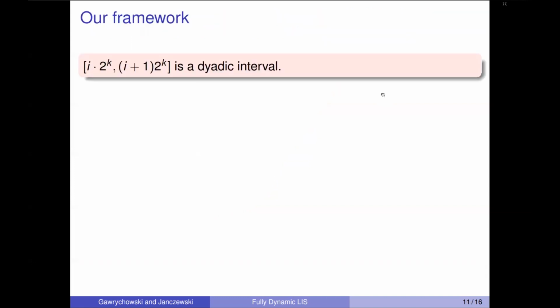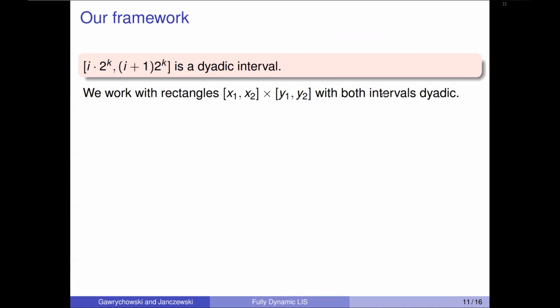And we would like to work on rectangles spanning over those points. And those would be dyadic rectangles. So a dyadic interval is an interval between two consecutive multiples of some power of 2, any power of 2.